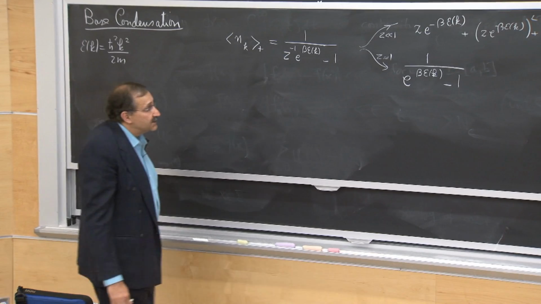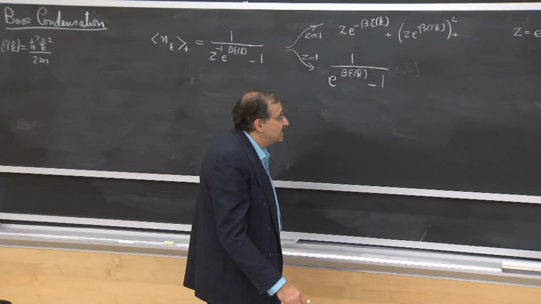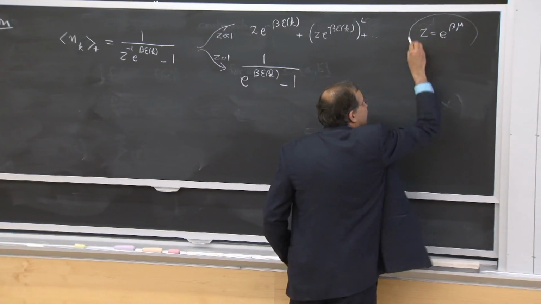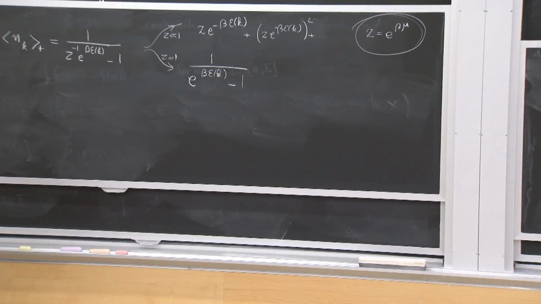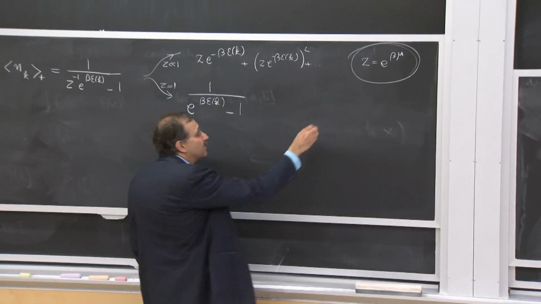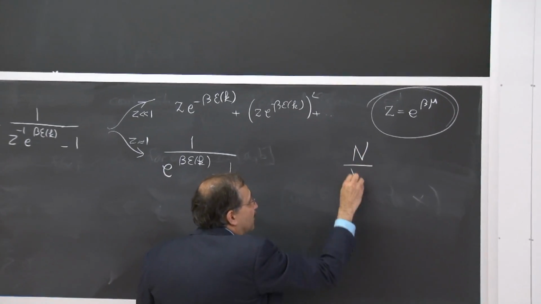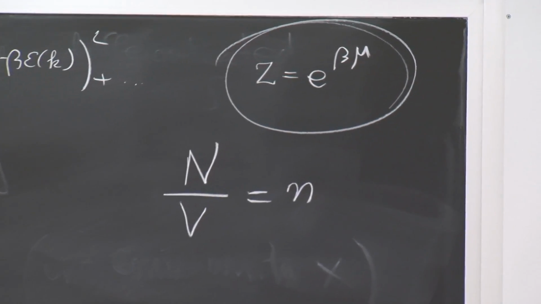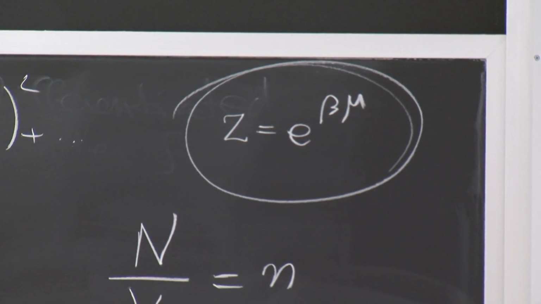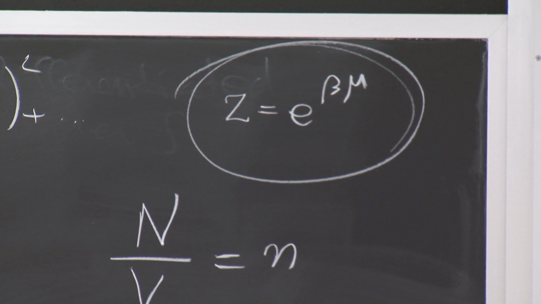Now, of course, we said that typically, we don't want to work in this variable. We want to figure out things as a function of the number of particles, or the number of particles divided by volume, the density, which is a nice intensive quantity. Okay, so typically, what should we do?